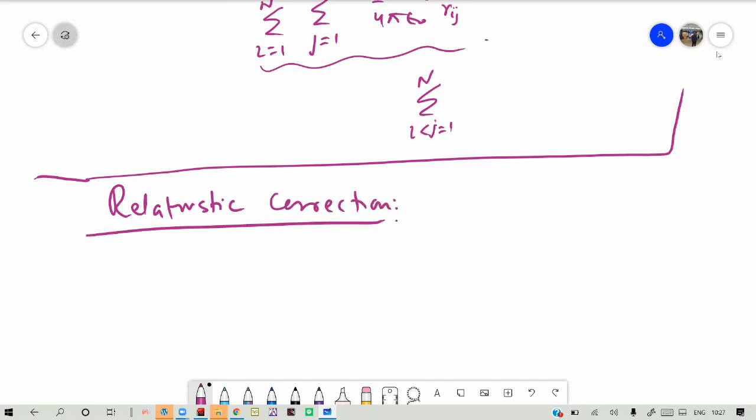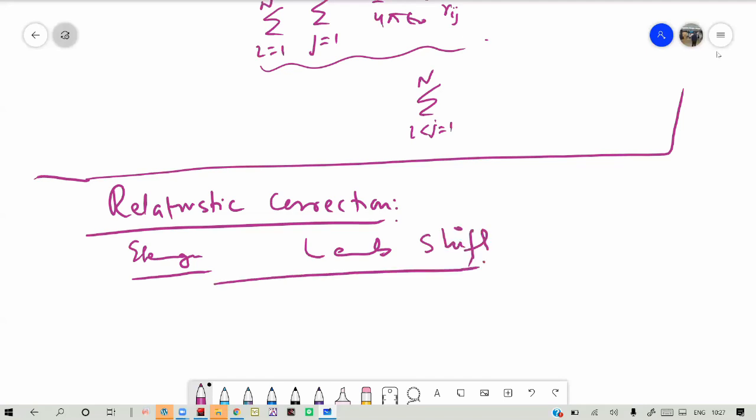We have other electromagnetic interactions between the nucleus and electron, and we have the Lamb shift, but these interactions are very small.